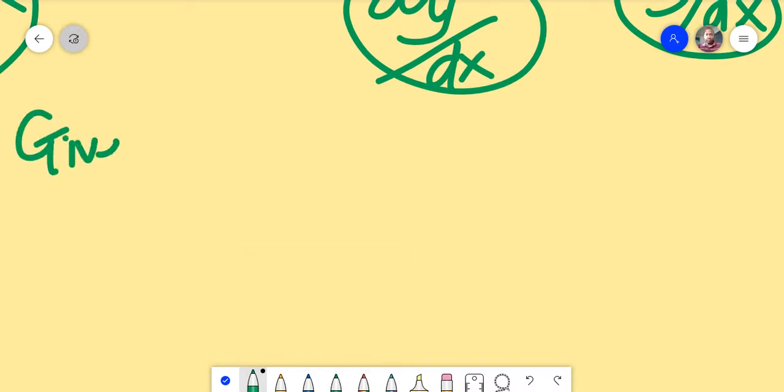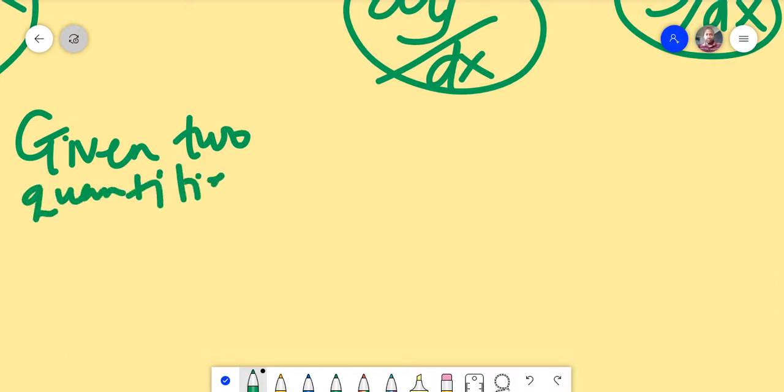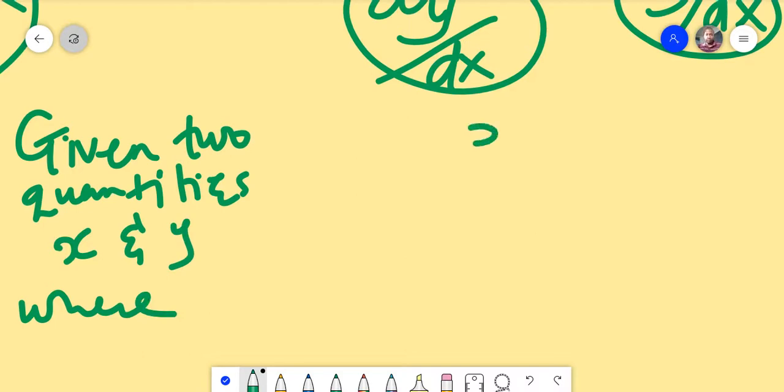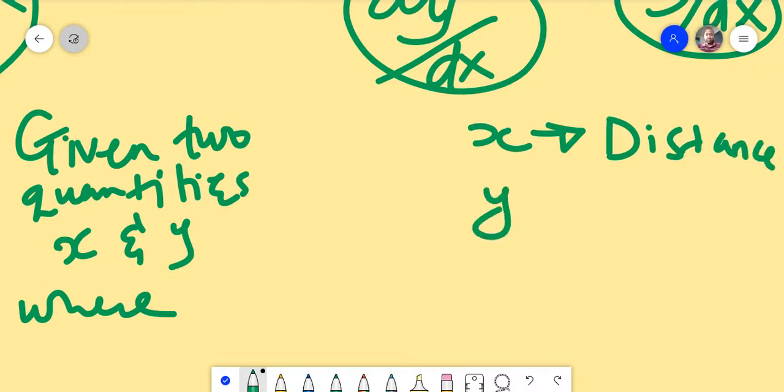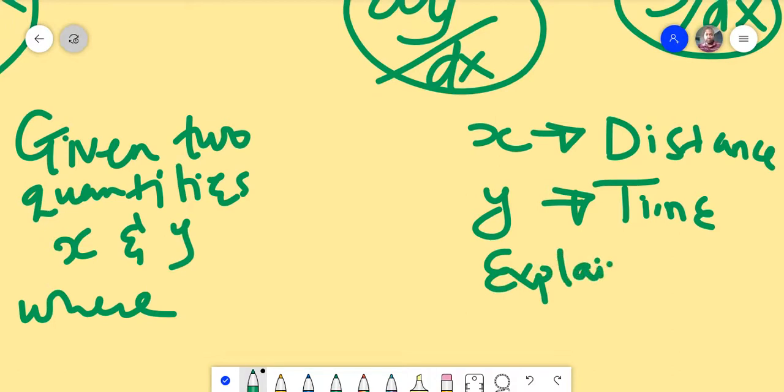So, given two quantities x and y, where x represents distance and y represents time, explain the following.